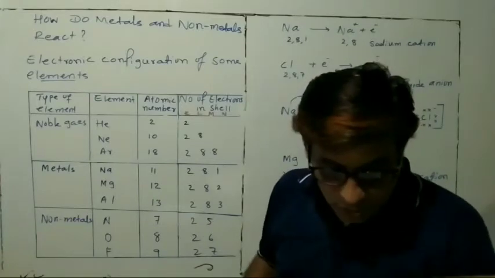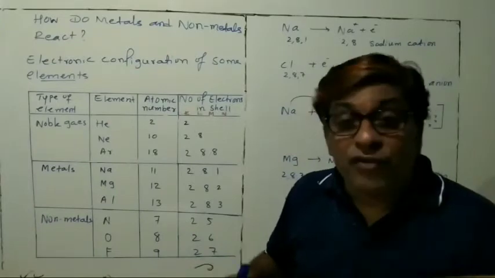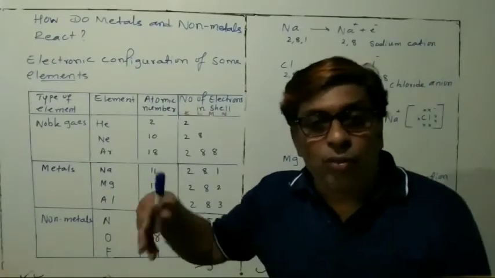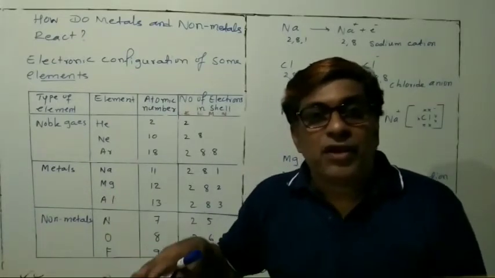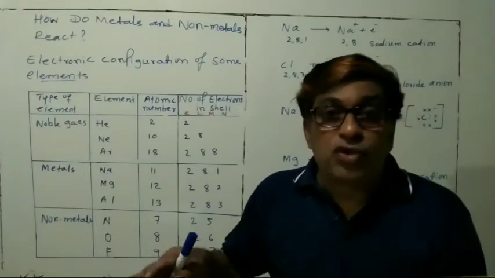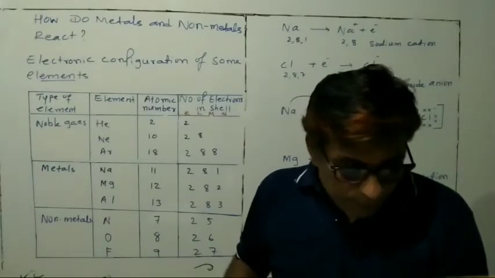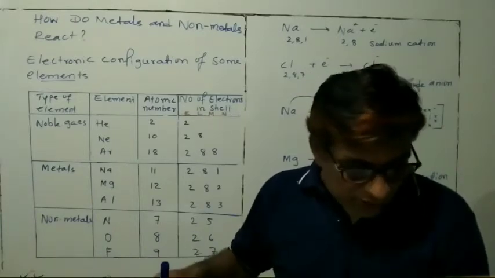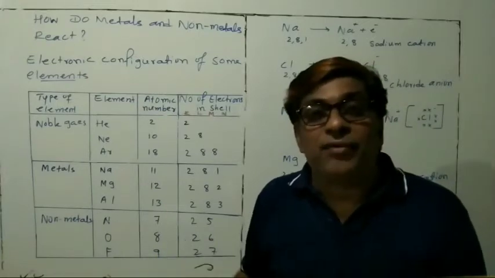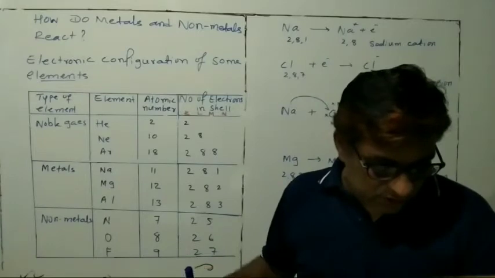These have a completely filled valence shell, in the outermost orbit, completely filled, 2, 8, 8 form. Elements with completely filled valence shells show little chemical activity, so no reactions.